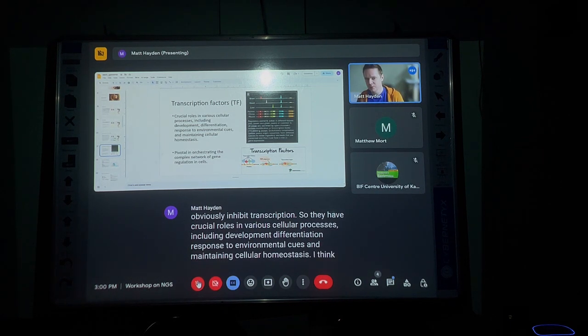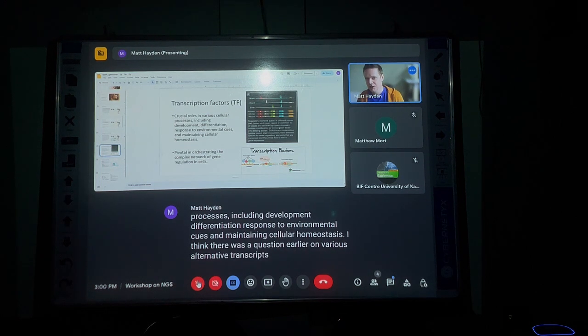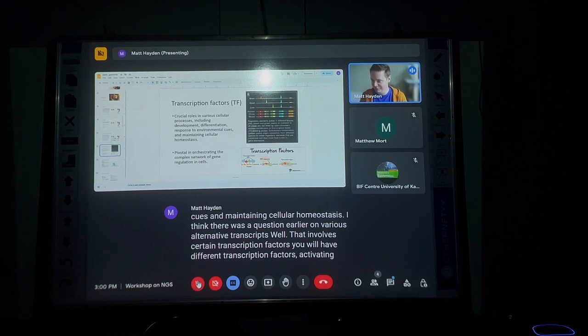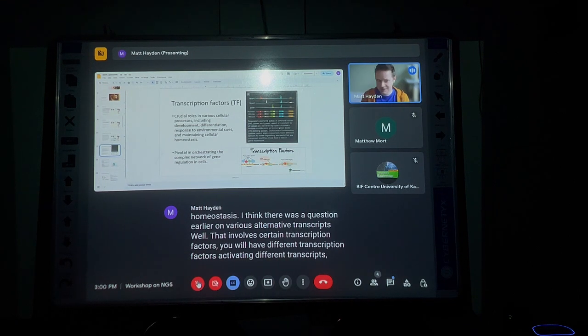I think there was a question earlier on various alternative transcripts. Well, that involves certain transcription factors. You'll have different transcription factors activating different transcripts at different times.